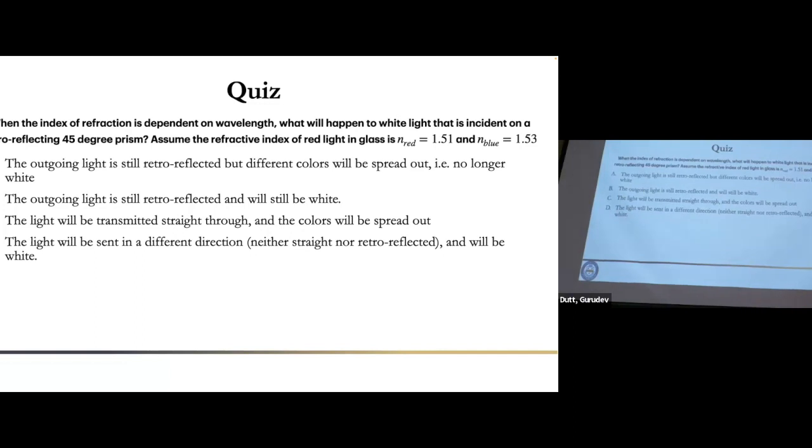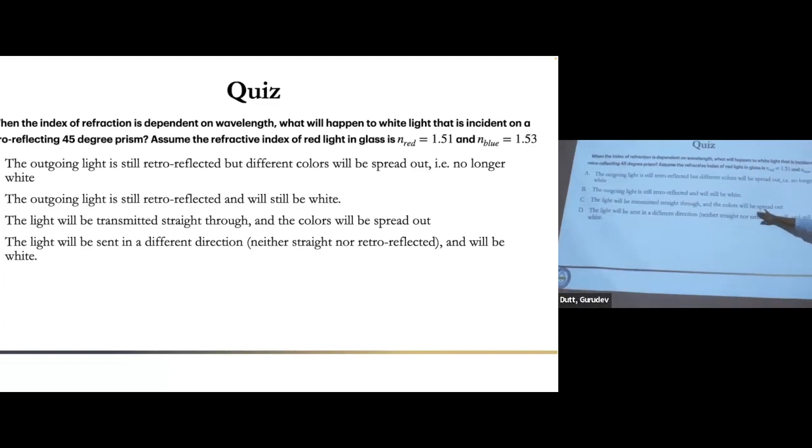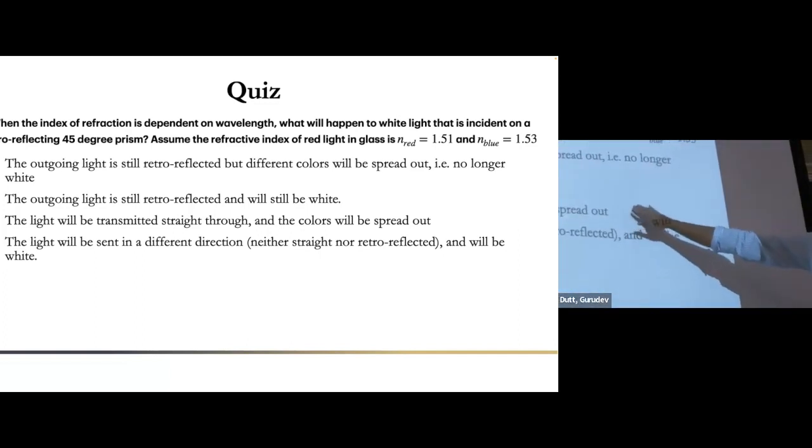Or will it be retro-reflected and still be white? Or the light will be transmitted straight through and the colors will be spread out. Or the light will be sent in a different direction, neither straight nor retro-reflected, and will be white. Why don't you talk to your friend or colleague and decide what the answer is? I'll give you a couple of minutes to think about it.